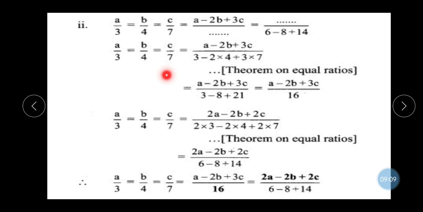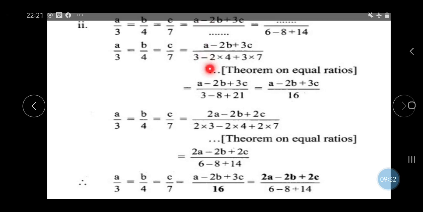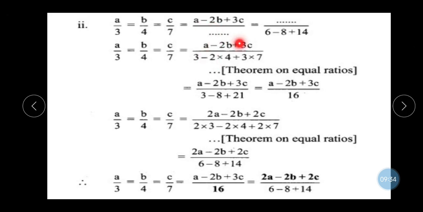So, let's start by using the theorem on equal ratios. That is equal to A minus 2B plus 3C upon 3 minus 2 into 4 plus 3 into 7. That is, our A is 3, minus as it is, 2, instead of B we are substituting 4, and 3C is written, so instead of C we are writing 7.